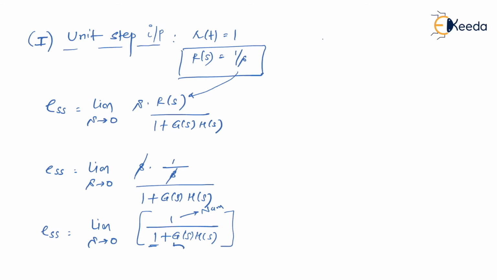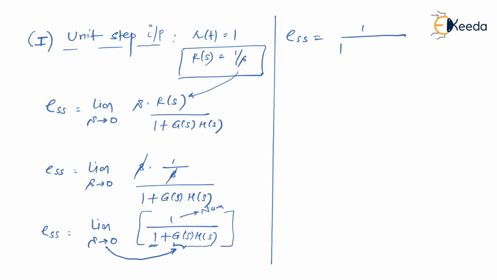So the only part which is s dependent is the one I'm highlighting here, which is G(s)H(s). Am I right? So I can rewrite this. ESS is always 1 divided by 1 plus the limit as s approaches 0 of G(s) into H(s). I hope you got my point.